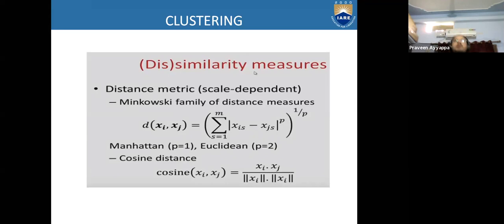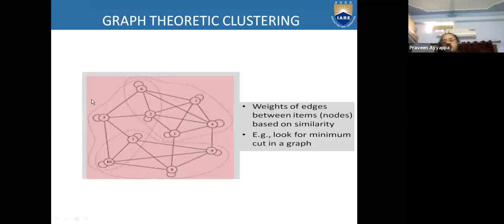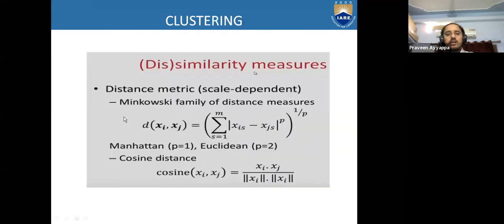Don't think otherwise that you can calculate only the similarity between two objects in two different clusters; you also need to calculate the similarity between two objects in the same cluster, how similar they are.